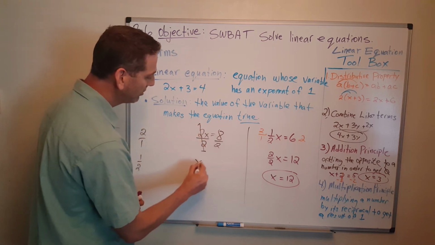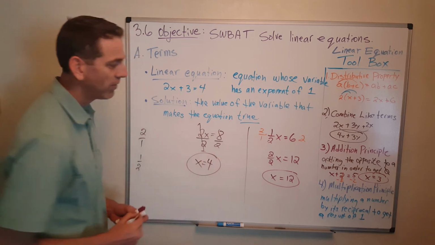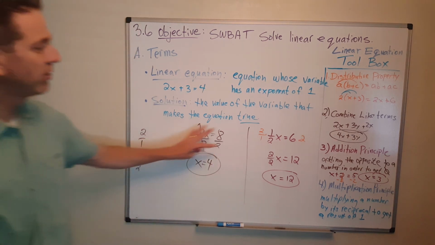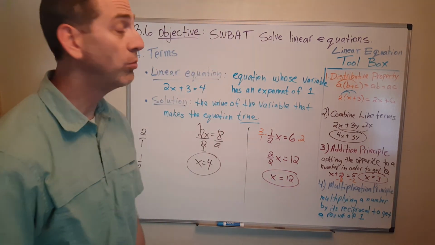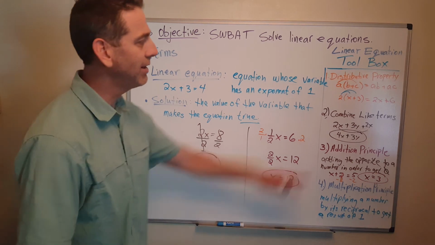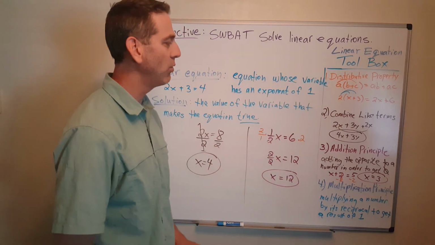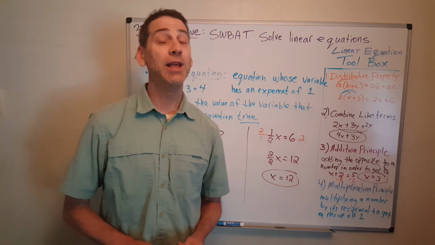So I get 1x, or just x, equals 8 divided by 2, which is 4. So you can put these 2 examples down here in your little toolbox. These are going to be the strategies that we're going to use to solve linear equations.